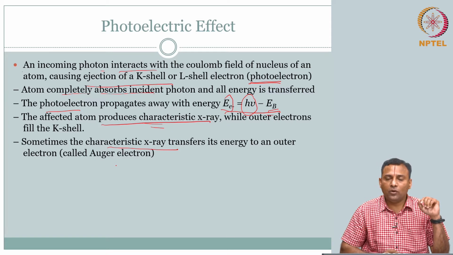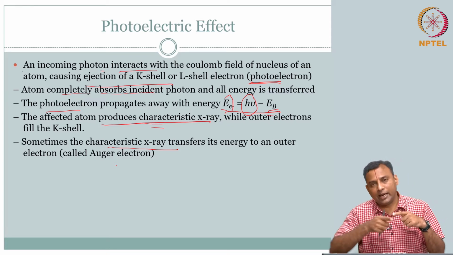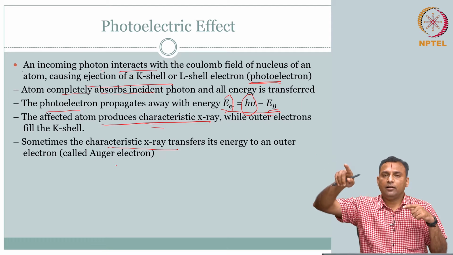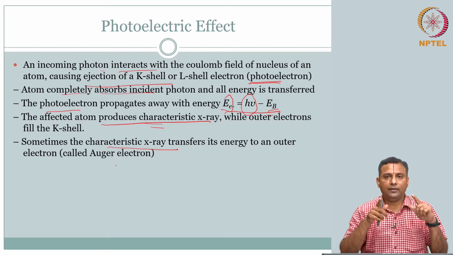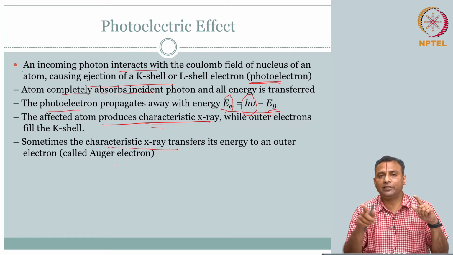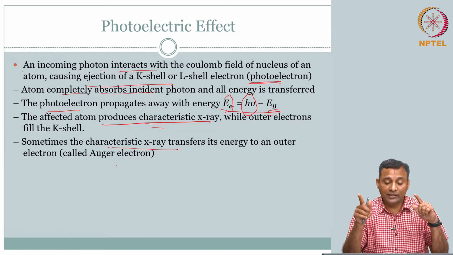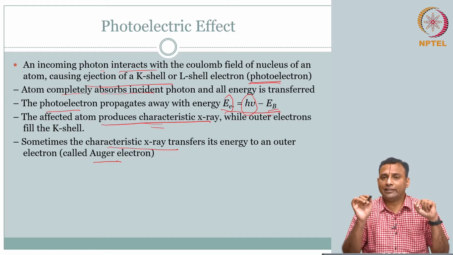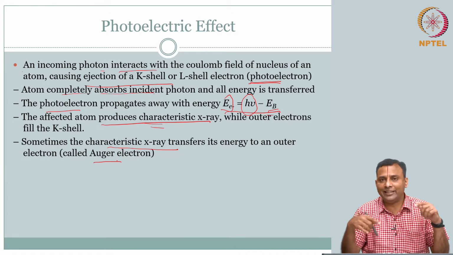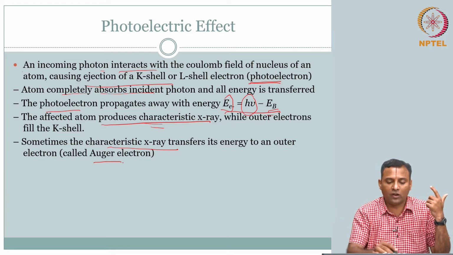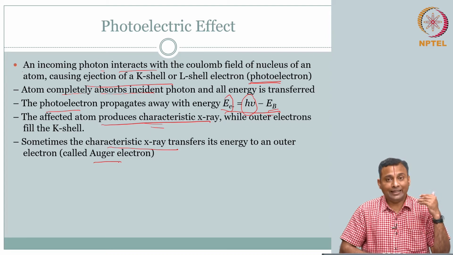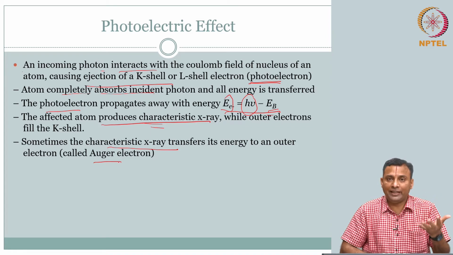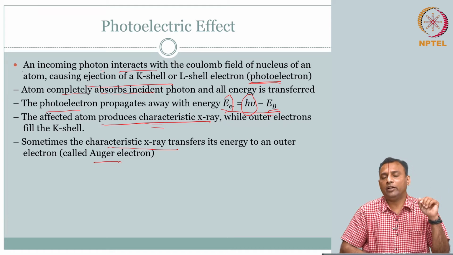So, sometimes the characteristic X-ray transfers this energy to the outer electron. What happens then? This electron gets that energy and it can move. It is an electron, a charged particle, that is going to move and take some energy with it. So, this kind of electron is called an Auger electron. The interaction is going to be the same: an electron with some energy is going to interact with the material like we discussed. So, whether it is a photoelectron or an Auger electron, its interaction with the material is exactly the same as what we already covered with particulate interaction.